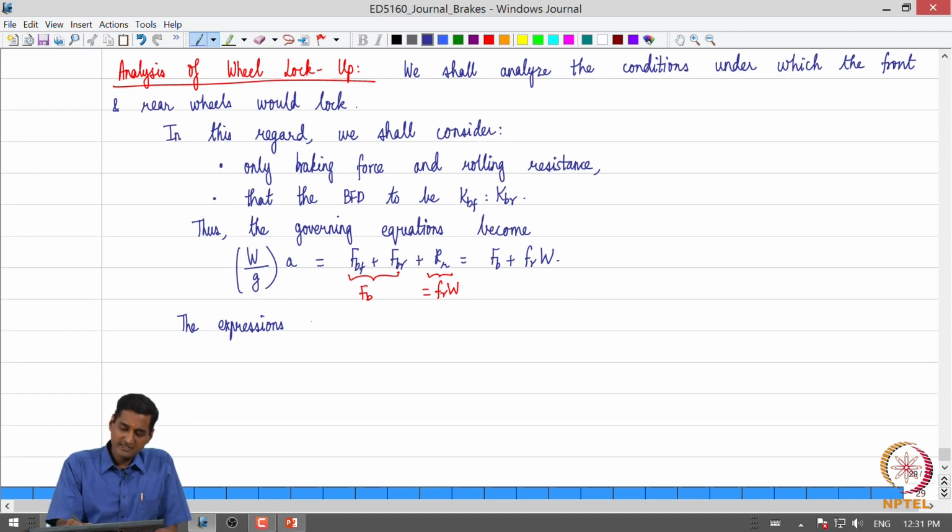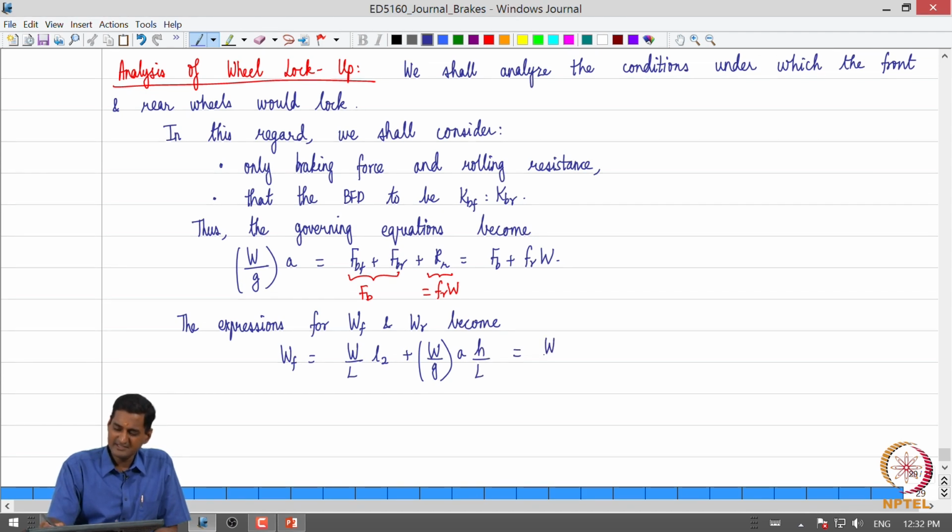The expressions for WF and WR become, in this particular case, WF will be, let me write it carefully, W/L times L2 plus W/g times a times h/L, which is just the same equation written under this condition.